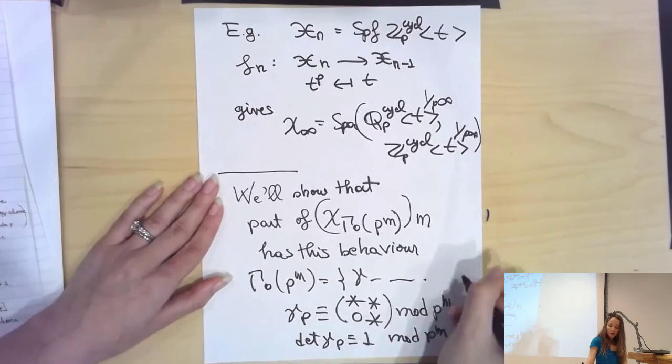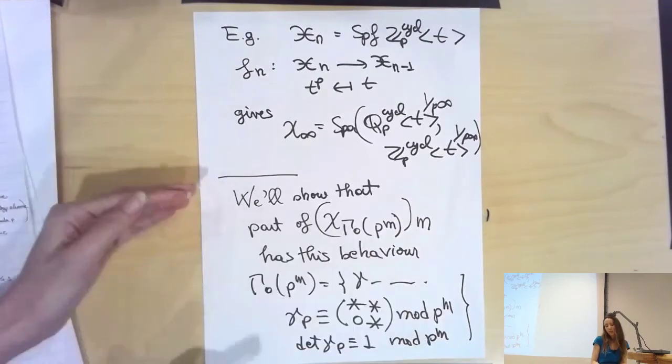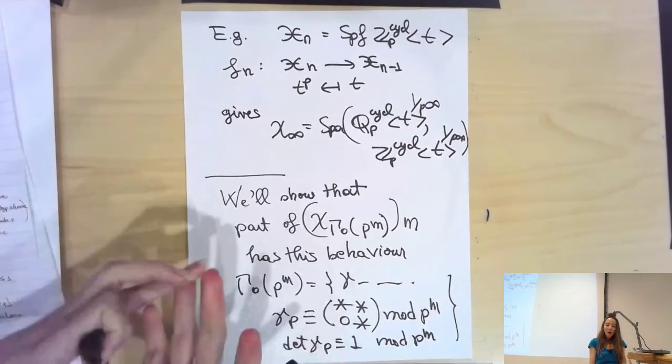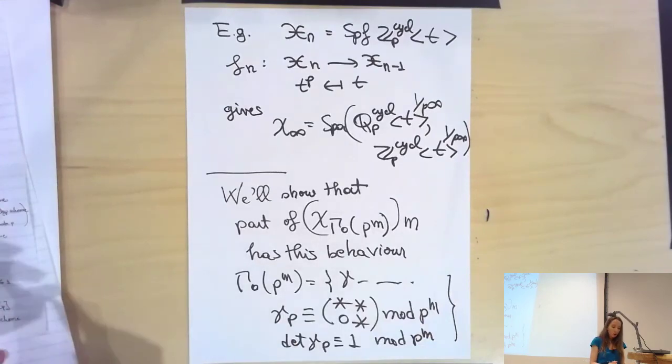So the first thing to do is to show that you have an intermediate level structure where you have a tower or a partial tower with exactly this kind of behavior. So I'll talk about that next time.